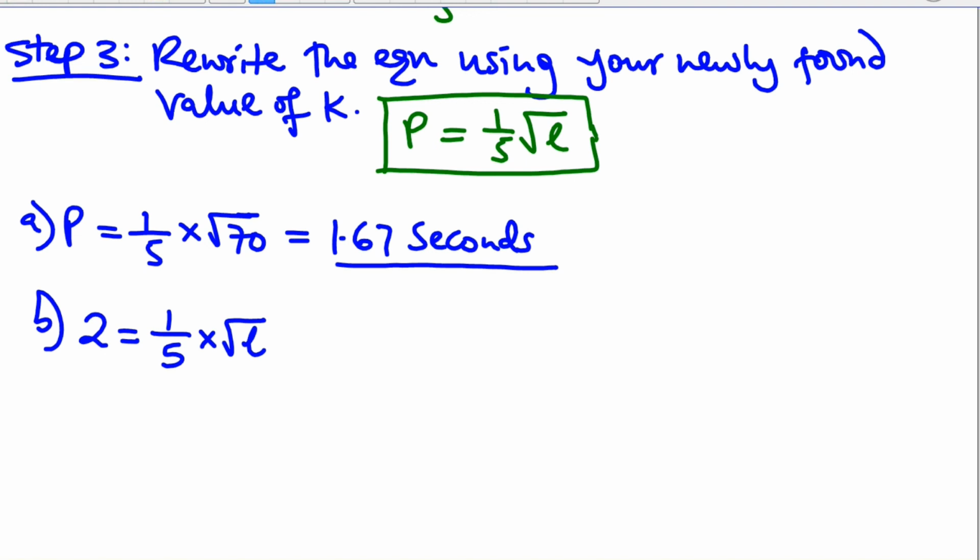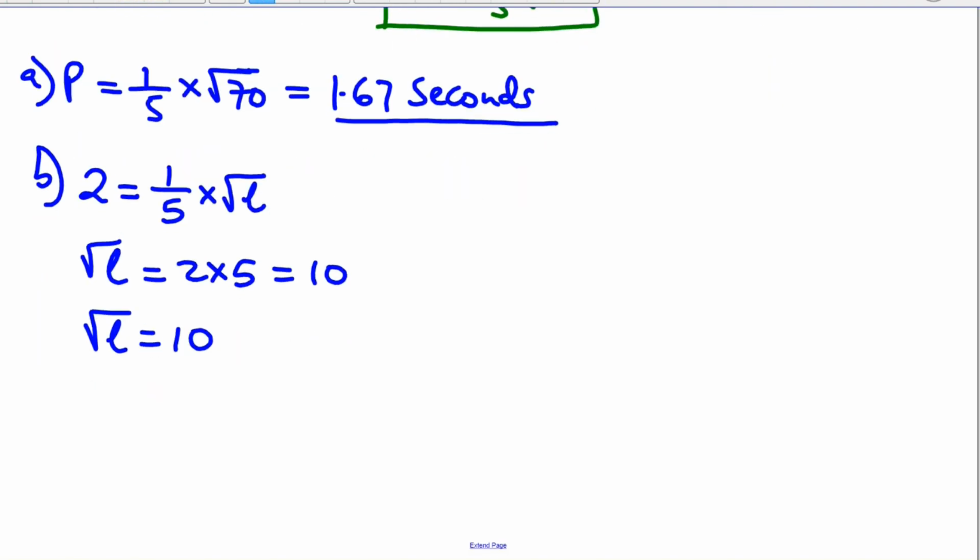So square root of L will be equal to 2 multiplied by 5, which is 10. Now the opposite of square rooting is to square. So L will be equal to 10 squared, which is 100. So L is equal to 100 centimeters.